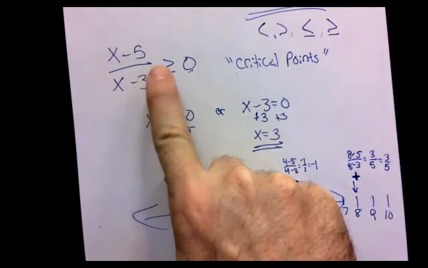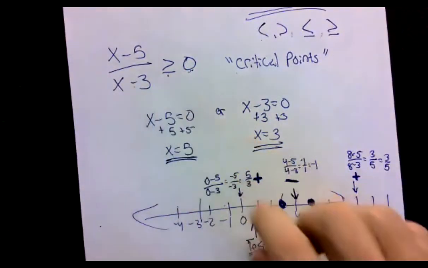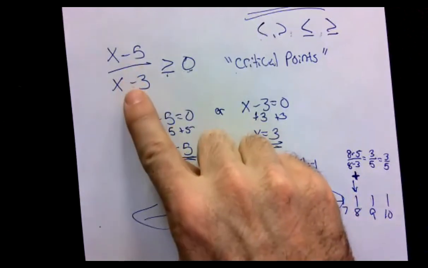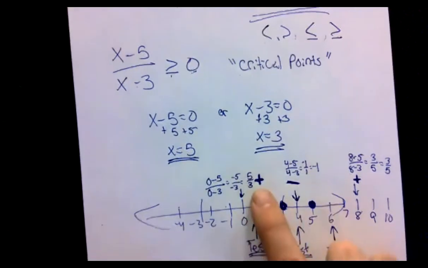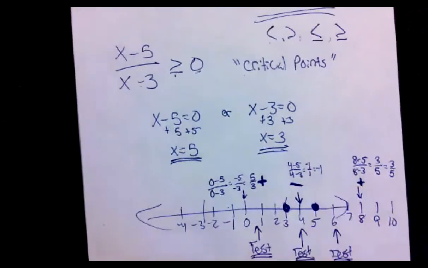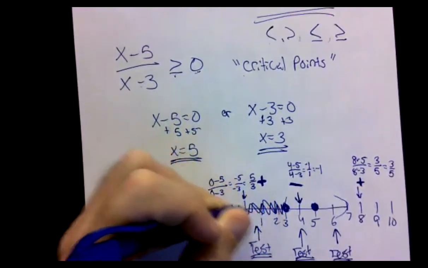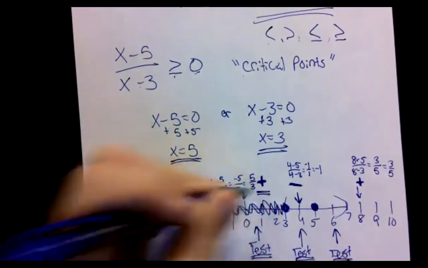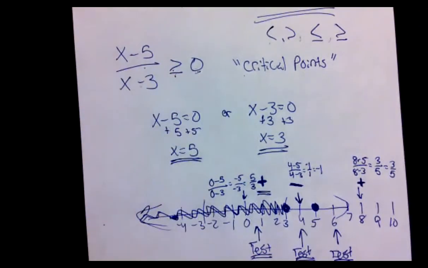Remember, positive numbers are bigger than 0. Negative numbers are not. So if I'm trying to figure out what makes this greater than or equal to 0, it would be anything that would generate a positive solution. So all of these numbers will generate a positive solution and would therefore be bigger than 0.